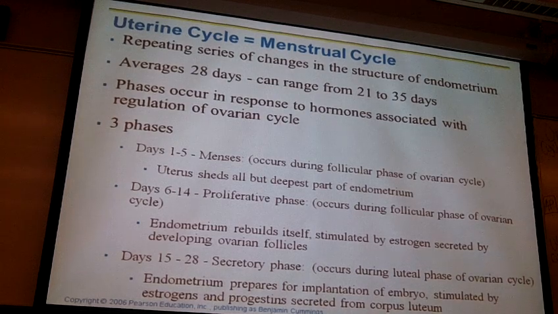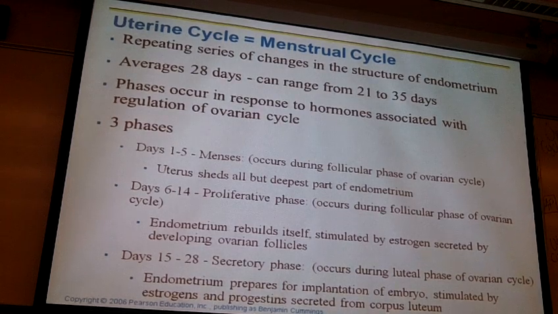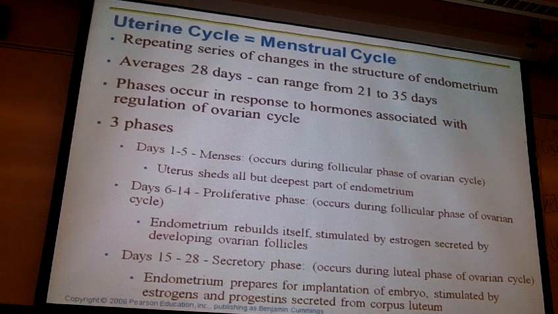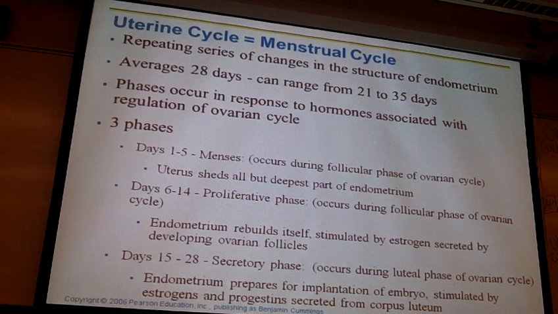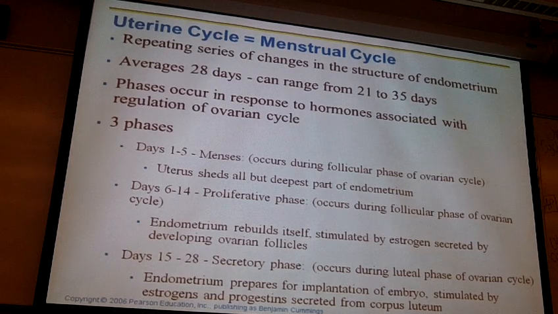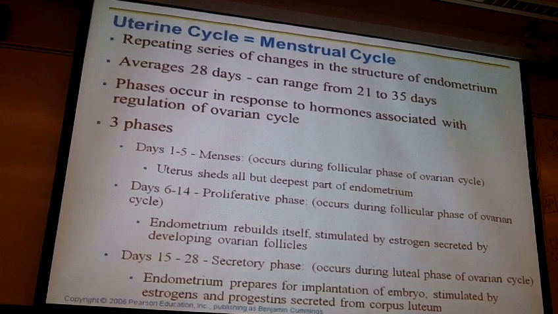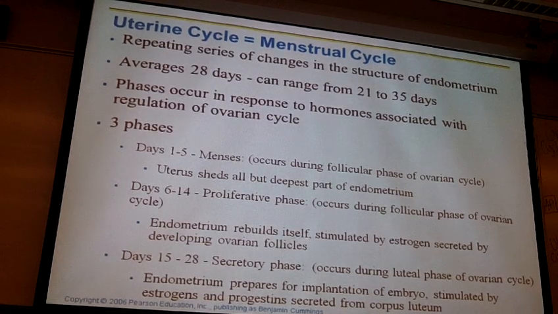So when you look at the uterine cycle, here we're going to have 3 phases. Ovarian cycle, we had 2, the follicular phase, the luteal phase. Uterine cycle, we're going to have 3 phases. From about day 0 to about day 5, and again, this will vary from person to person, the first part of the uterine cycle is called the menses.